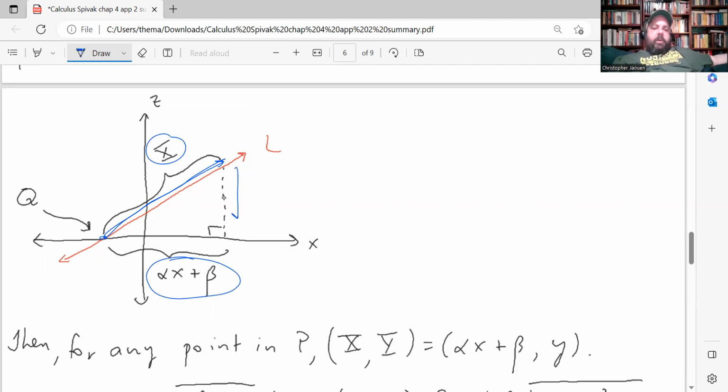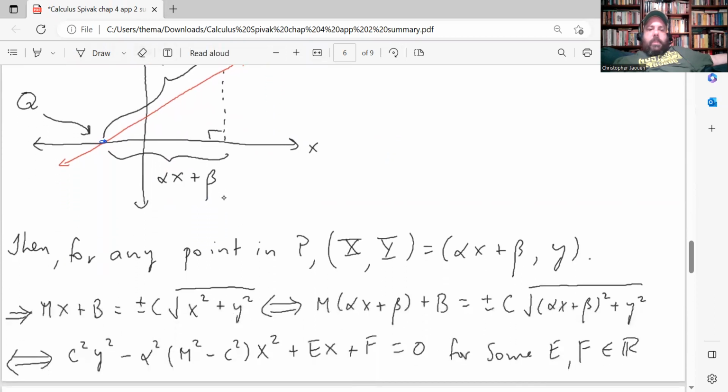Notice this is a linear projection, an orthogonal projection onto the x axis of the vector. So you get a linear function. Capital X is a linear function of little x, right? So alpha and beta are some constants.